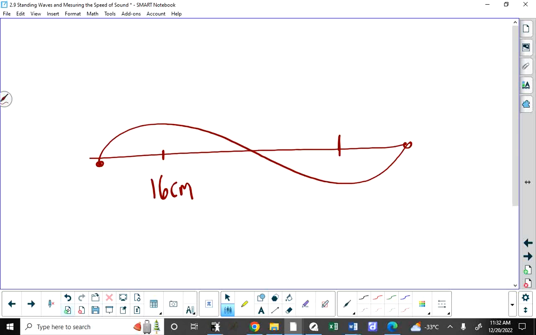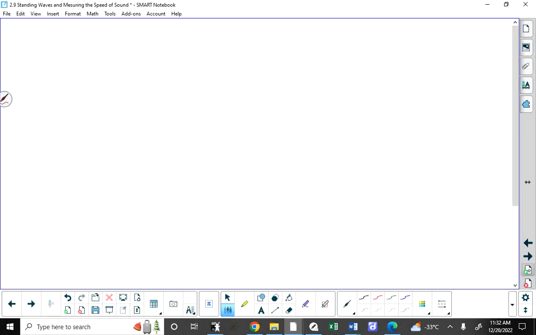So the idea in this lab that we're going to do is with a number of tuning forks, we're going to try to measure the wavelength so we can find the speed of sound in the air. So for example, if I go with, well, let's estimate this. And then I'll give you a handout for this lab. Can you do me a favor, Alex, and tell us what that frequency is on that tuning fork? 288?